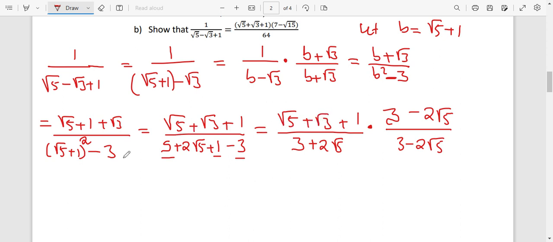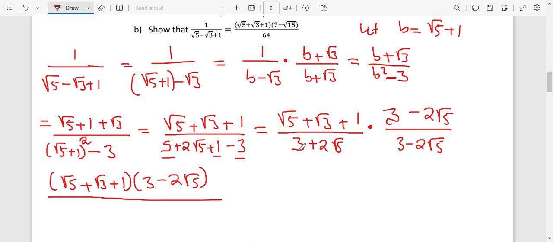So I'm going to write this as square root of 5 plus square root of 3 plus 1, and then multiply by 3 minus 2 square root of 5, over, down, get the first number you square it, that is going to be 3 squared, and then always put a minus, get the second number you square it, that is going to be 2 square root of 5.